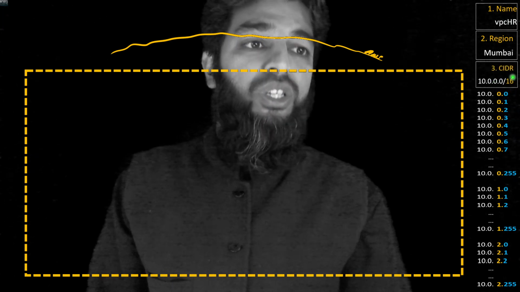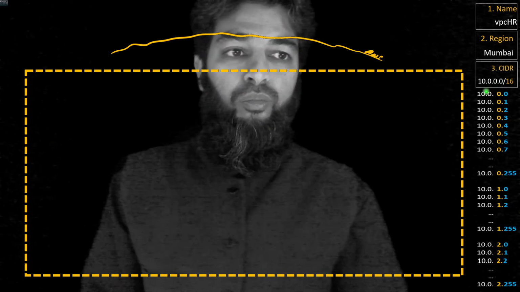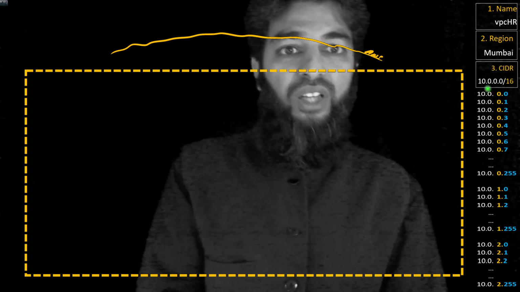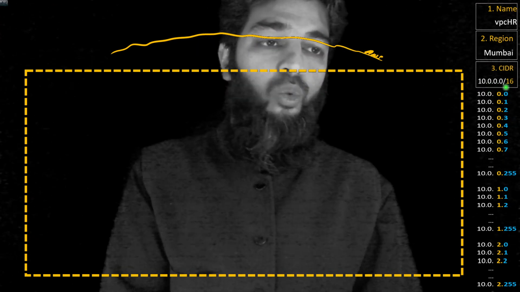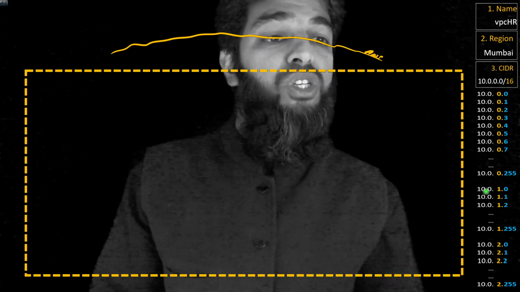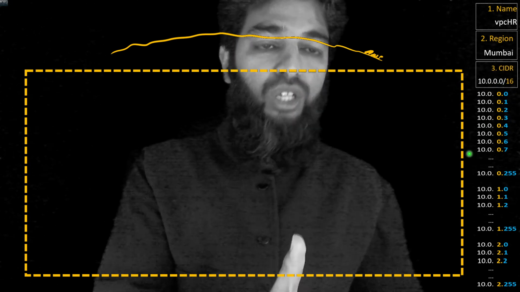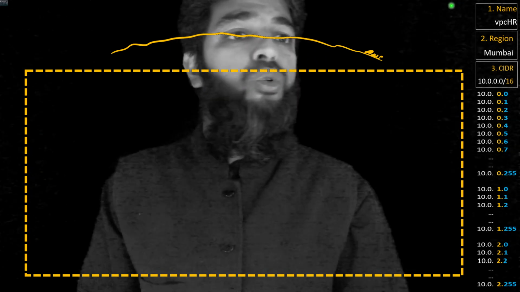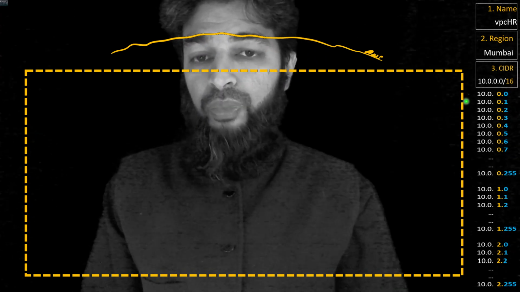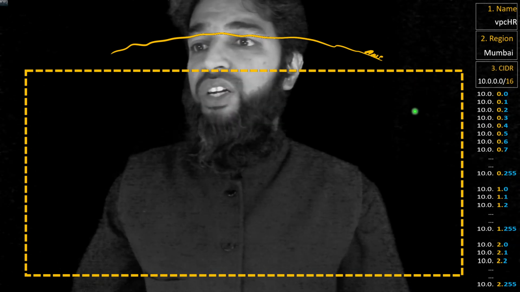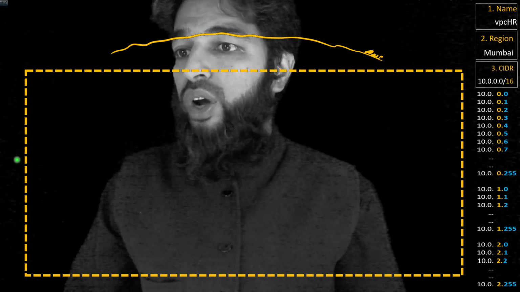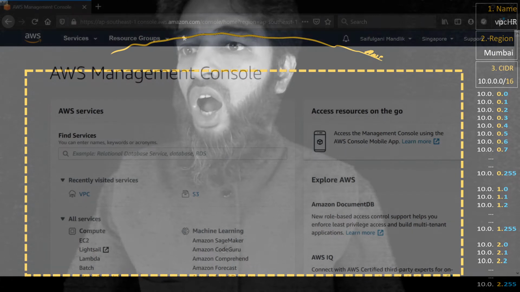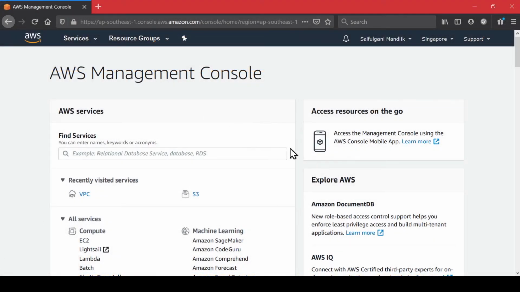This third property is called the CIDR, and you need to specify the CIDR value through which the VPC will come to know the list of your private IPs. So as simple as that. All you have to do is specify these three values and go ahead and create a VPC. So in fact, let's go ahead and do that. Let's check out how easy it is to create a VPC in AWS.